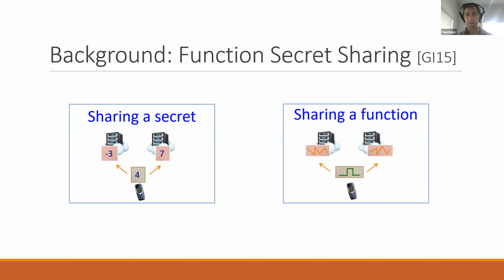In function secret sharing, it's the same idea, but instead of splitting just a number, you have some function in a class of functions that you're sharing between some number of parties, again with the property that a subset of parties cannot reconstruct the function, but if you have enough of the parties, for example all of them, they can reconstruct the full function.